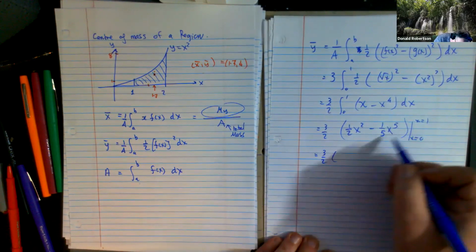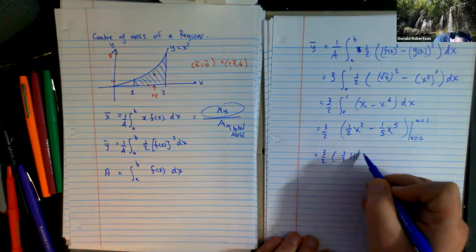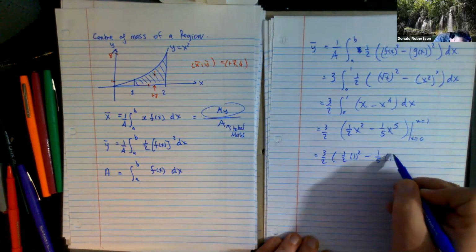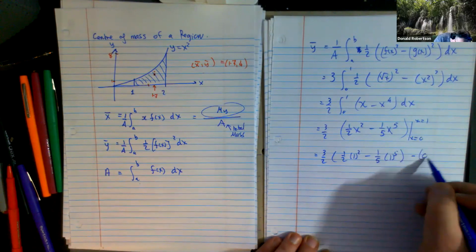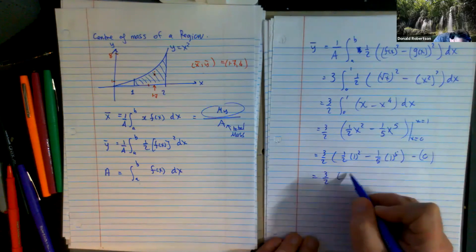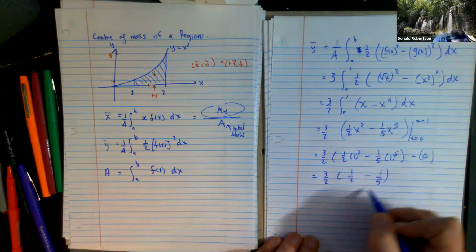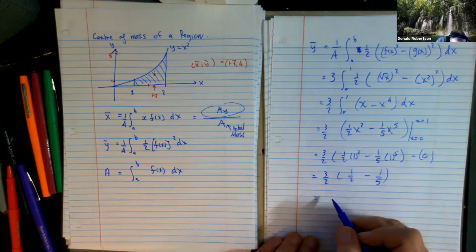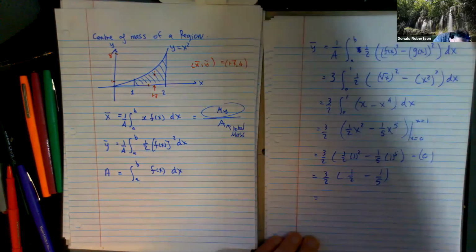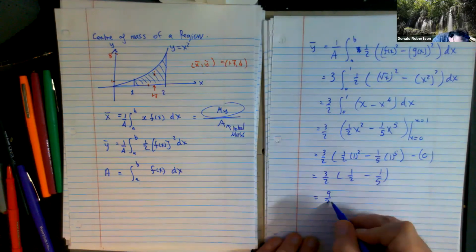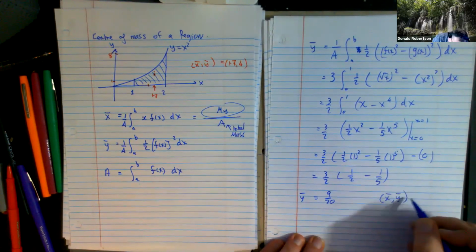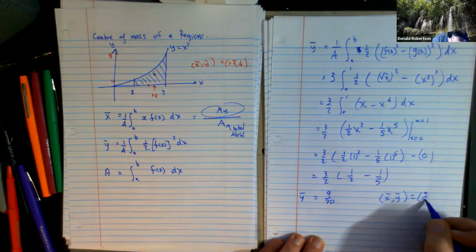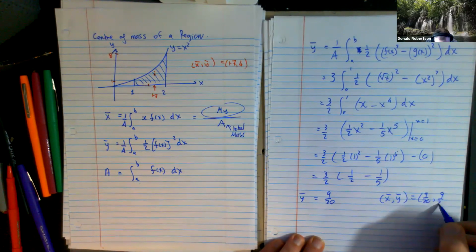You get 1/2 times 1 squared, take away 1/5 times 1 to the 5, take away a whole load of nothings. You get 1/2, take away 1/5, and you get 9/20. So the center of mass is actually 9/20, comma 9/20.